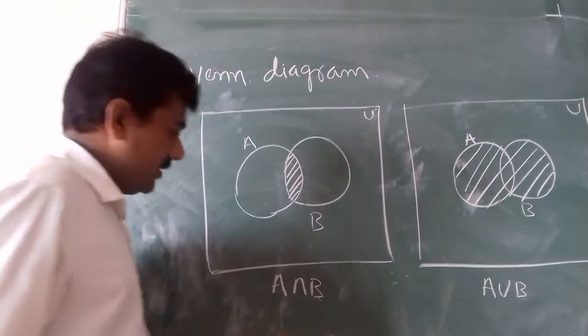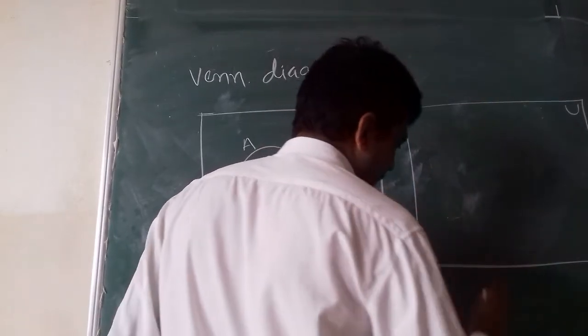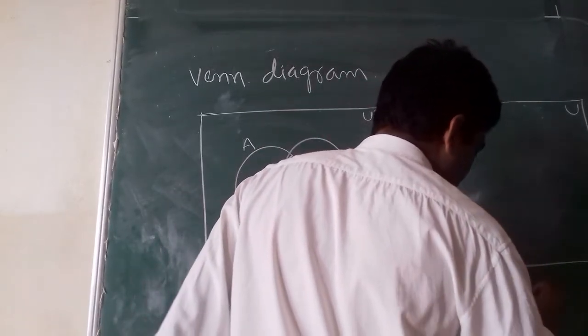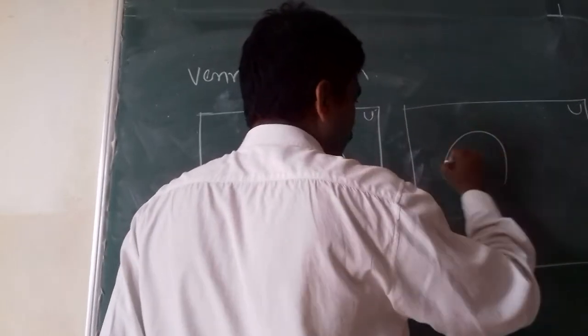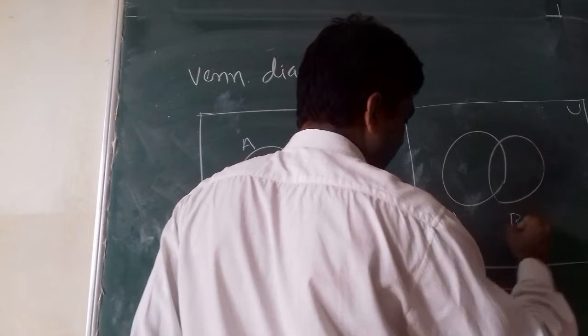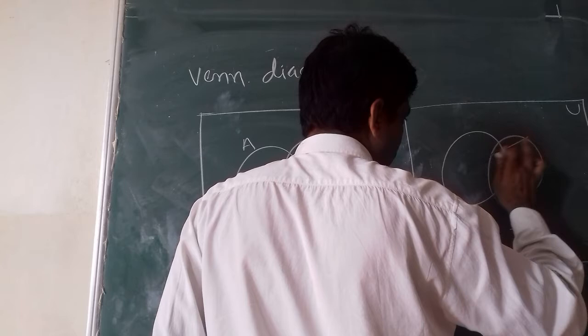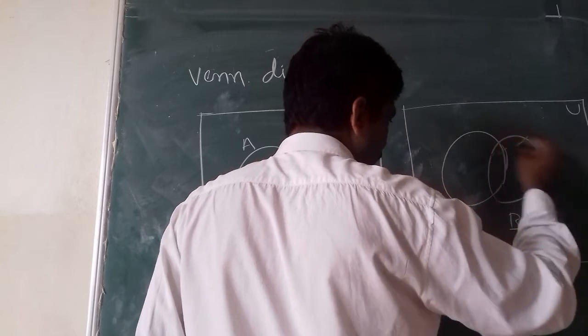Next set operation is the difference, that is A minus B. The Venn diagram representation of this is: A set, B set. So A minus B will be what? Sorry, I need to remove this actually.